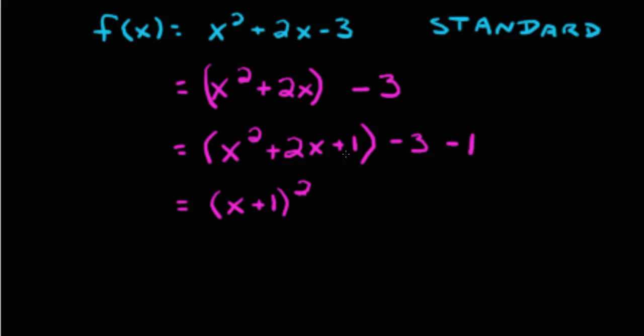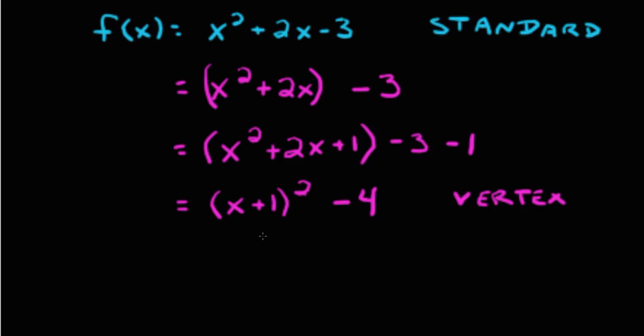We're adding 1 here, we have to subtract 1 here to keep the overall value the same. So we get x plus 1 squared minus 4. So that would be the vertex form of that same equation. We complete the square, and then we group them together.